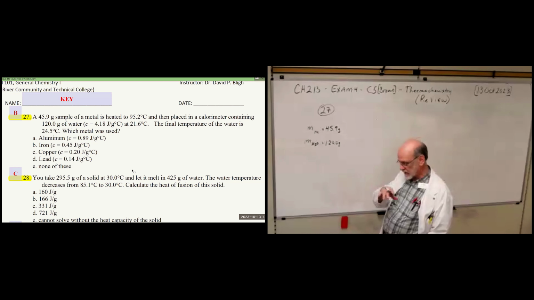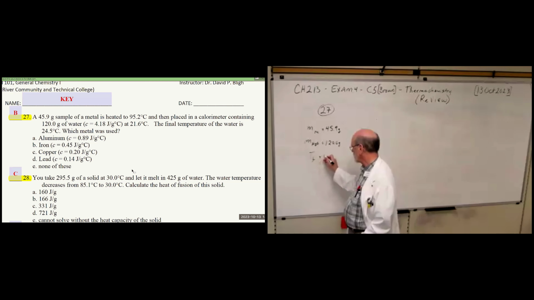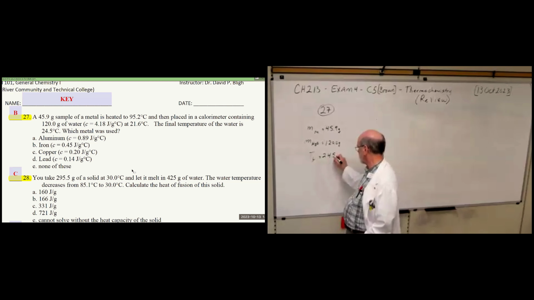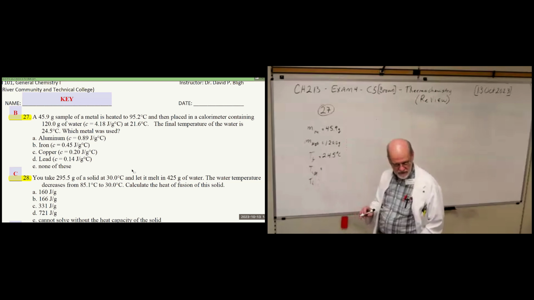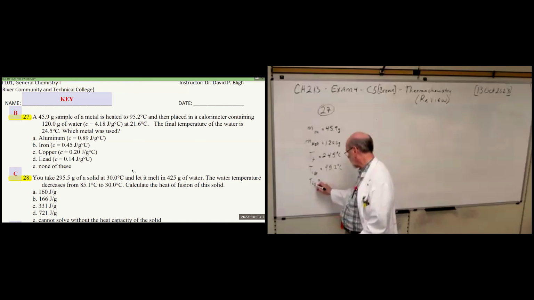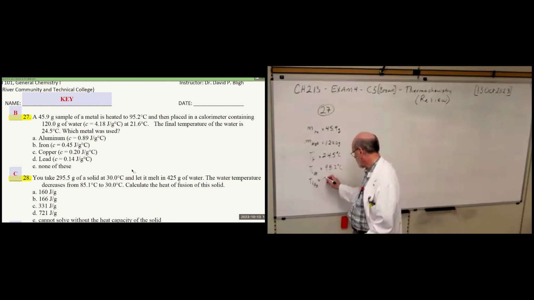Once they come to equilibrium, that same temperature. So that final temperature is equal to 24.5 degrees C. Now, the initial temperatures are different. The initial temperature of the metal is 95.2, and the initial temperature of the water is 21.6.